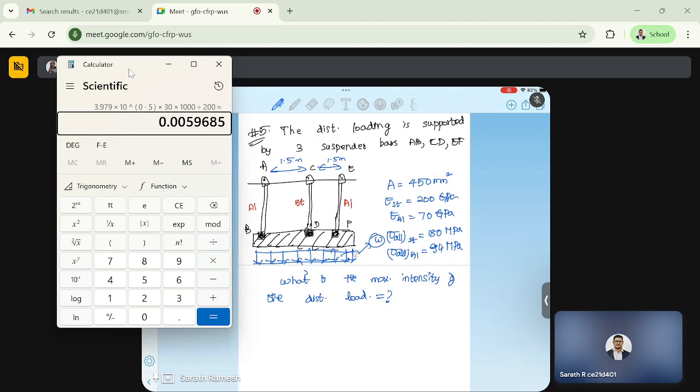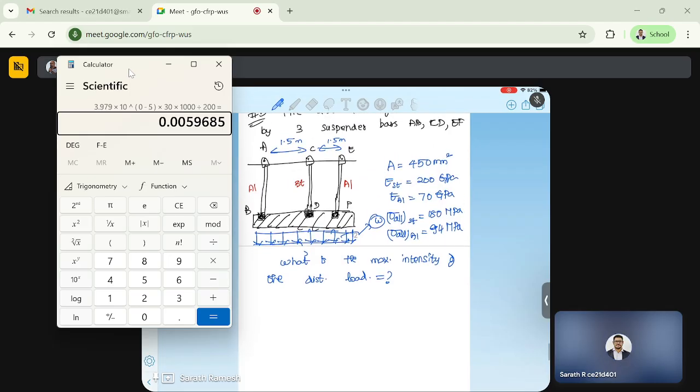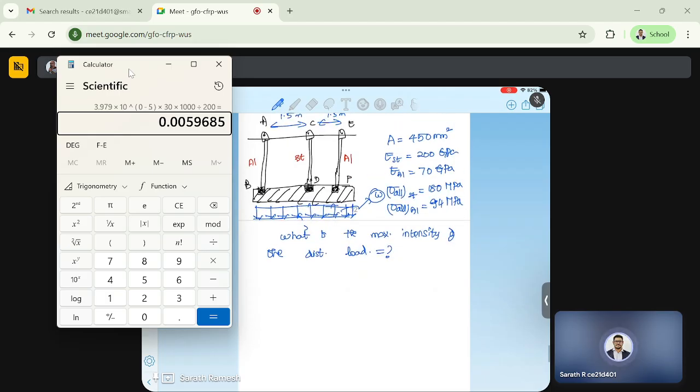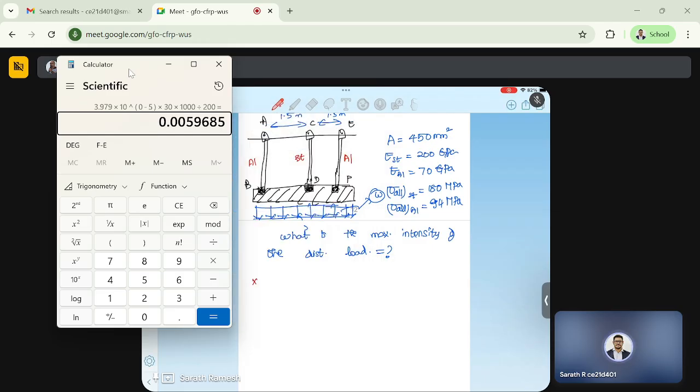Both are more or less the same kind of problems with one unknown, right? Either this or that. Now let's begin how to solve. Maybe I'll do one by one. Maybe we can write the equilibrium equations.